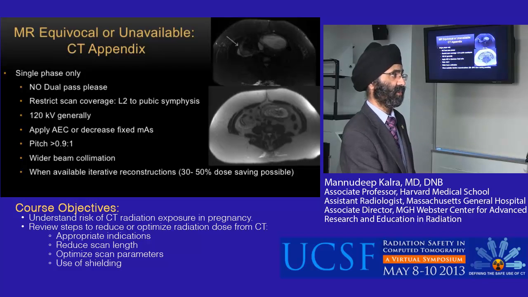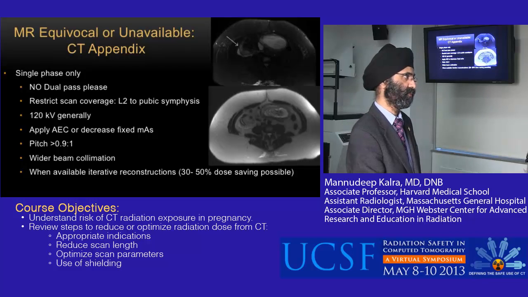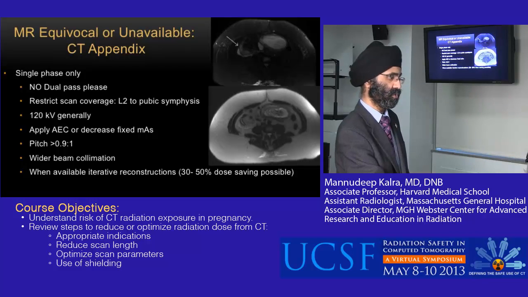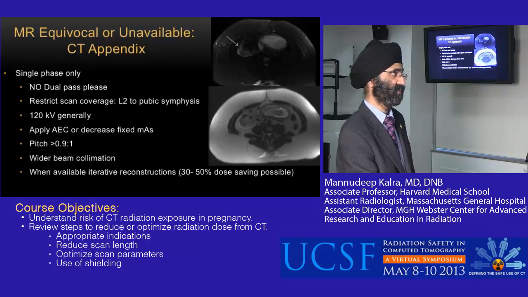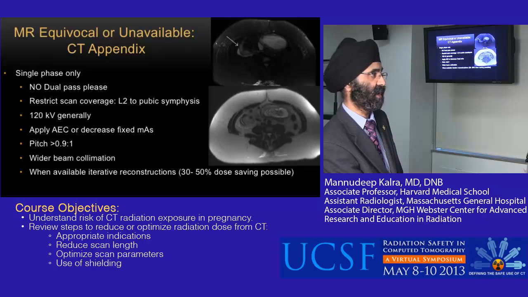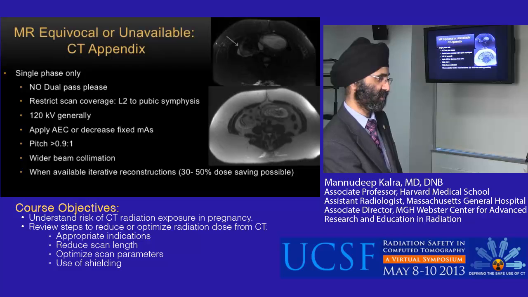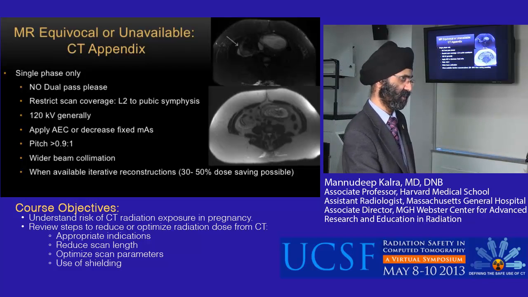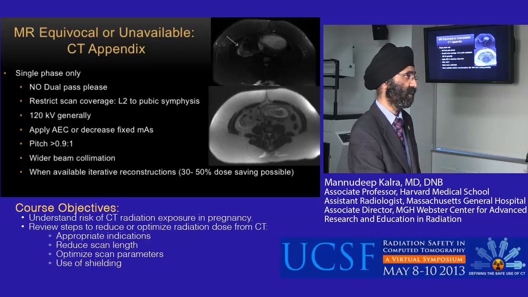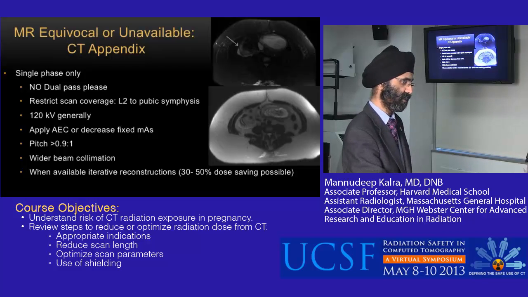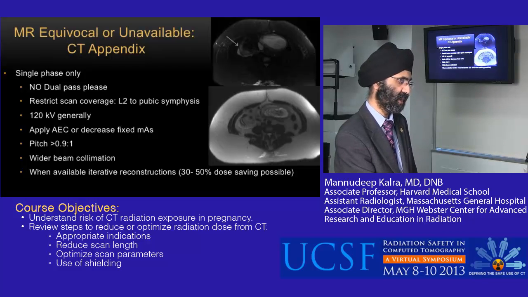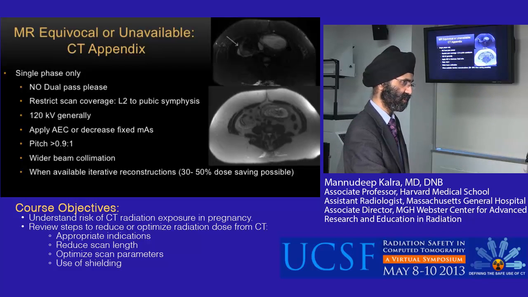And then we restrict the scan coverage from the top of the L2 vertebral body to the pubic symphysis. We generally would use 120 kV, especially important in advanced pregnancies because the patient's girth is going to increase with increasing gestational age. We apply automatic exposure control technique, and that's what I would recommend because that works to adapt the dose according to the patient's size.